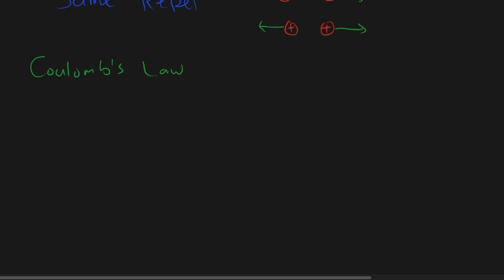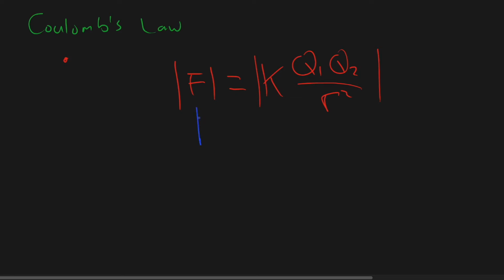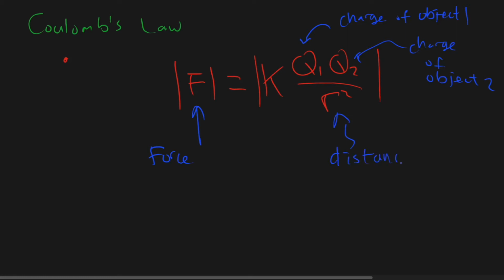Coulomb's law is this equation here, where F is the force, Q1 is the charge of object 1, Q2 is the charge of object 2, and r is the distance between two charges, or you can say two objects.